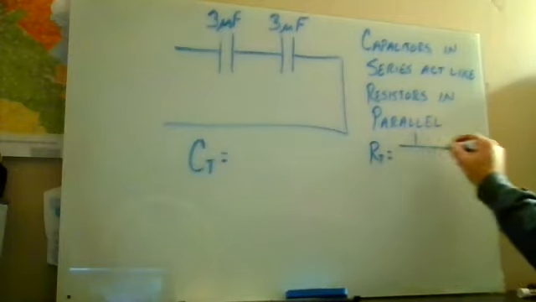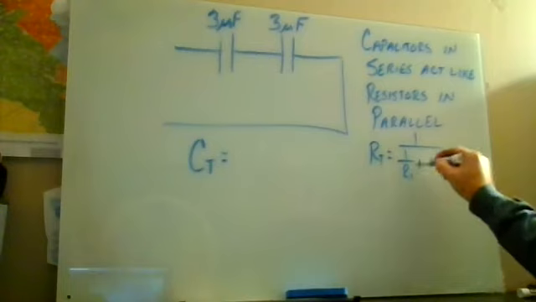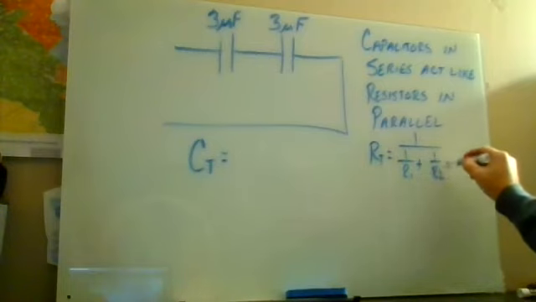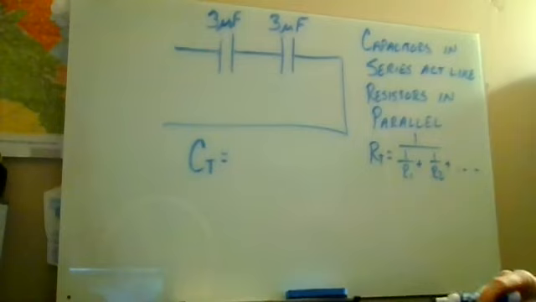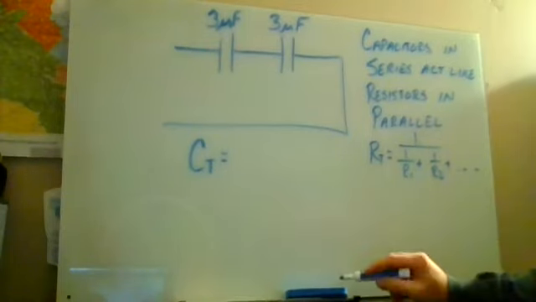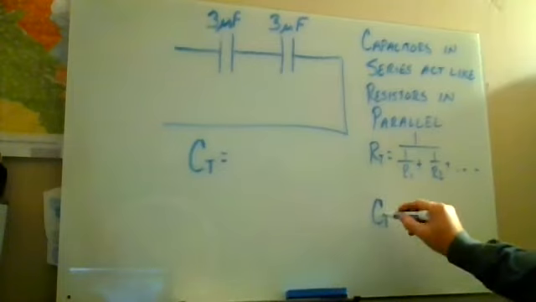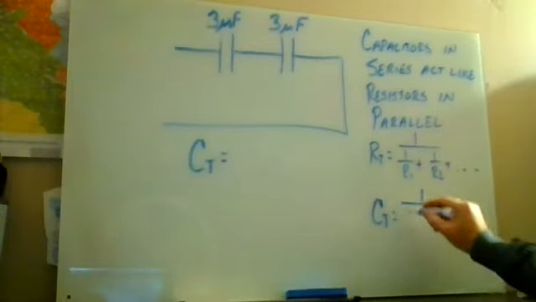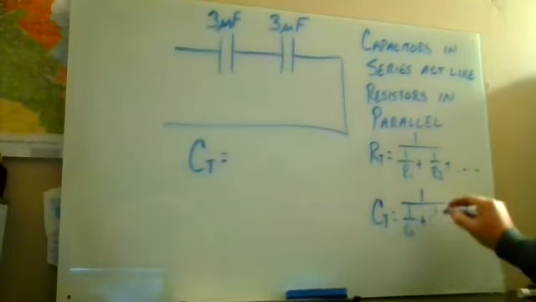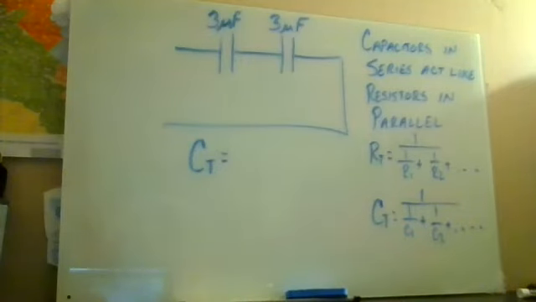R total is equal to 1 over 1 over R1 plus 1 over R2 plus dot, dot, dot, however many I had. So C total, if they're in series, is going to equal 1 over 1 over C1 plus 1 over C2 plus however many I have. So if I see capacitors in series, I'm immediately going to say, they act like resistors in parallel, so I'm going to figure them out like resistors in parallel.